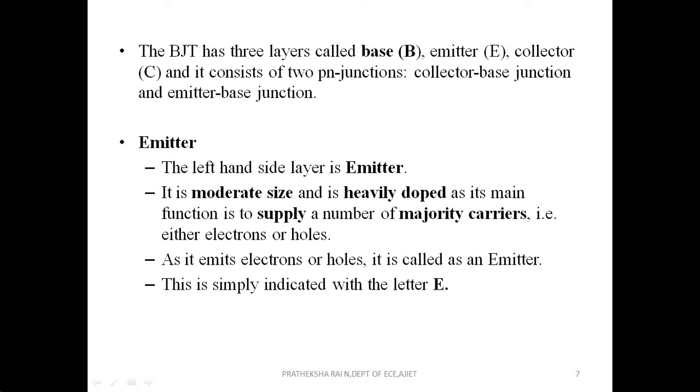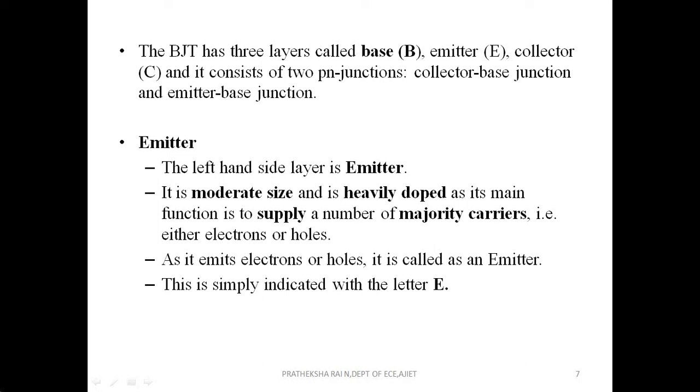And its main responsibility is to supply a number of majority carriers, that is either electrons in case of NPN, or holes in case of PNP. So the emitter is moderate in size and it is heavily doped.